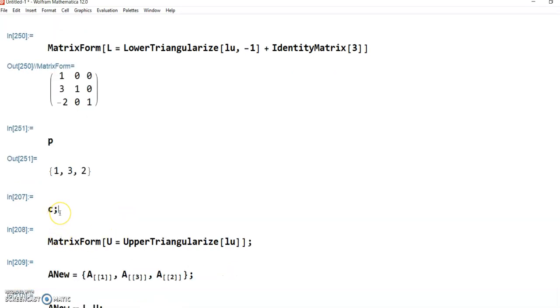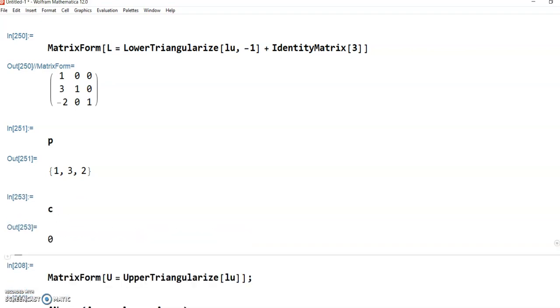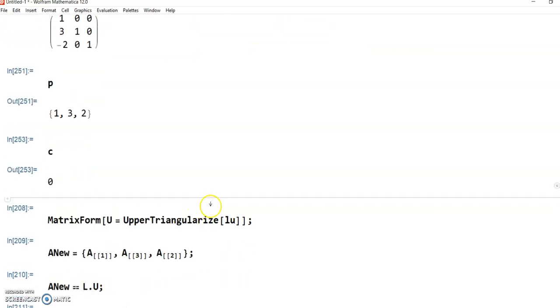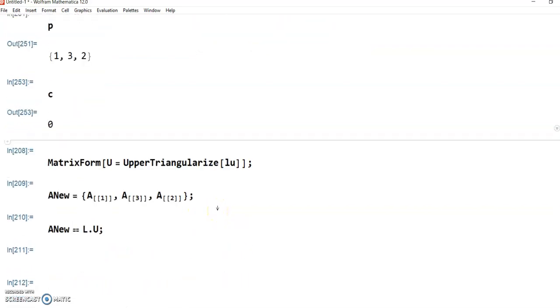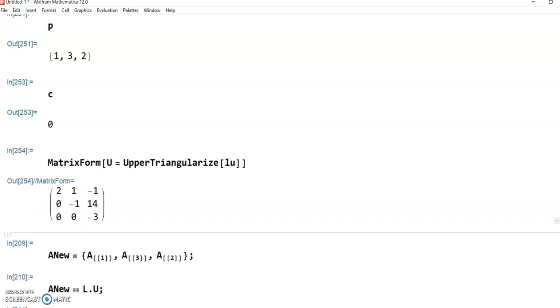The second and third rows have been interchanged. And here we have this C. C is 0, which means that the matrix is well conditioned for the row interchange. Now the upper triangular matrix will be this by this command.